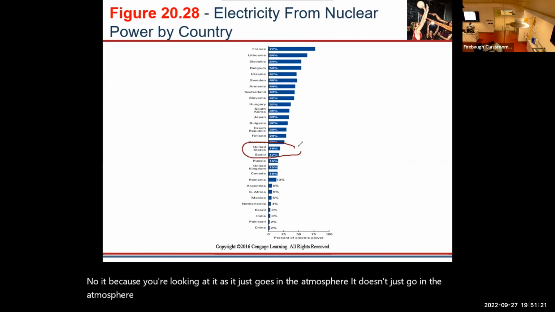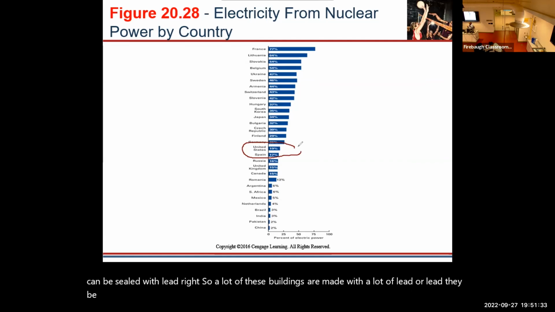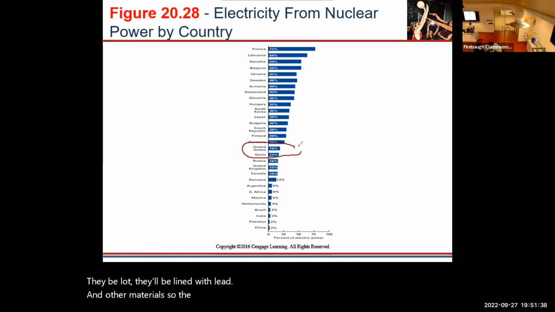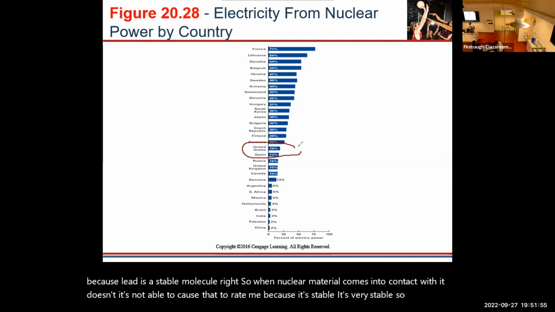You take the tank. So the nuclear energy, the nuclear isotopes afterwards are stored in lead. So a lot of these buildings are lined with lead and other materials. Lead is great because it doesn't radiate on its own.